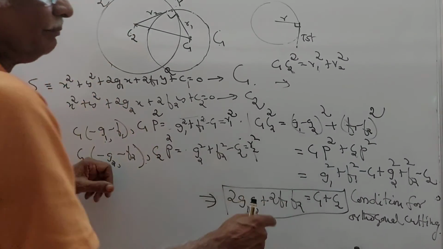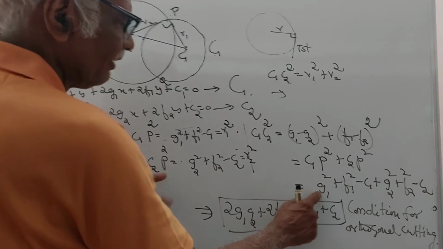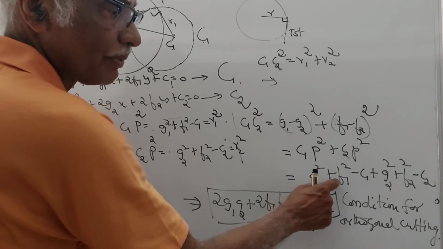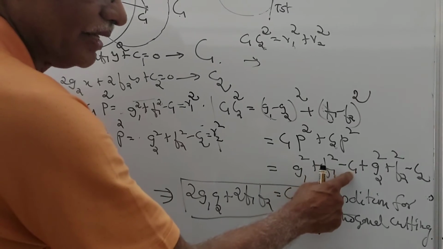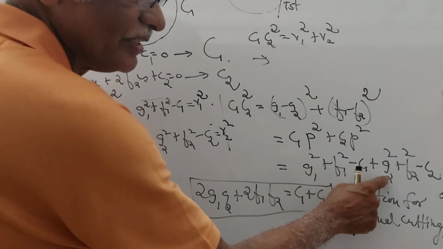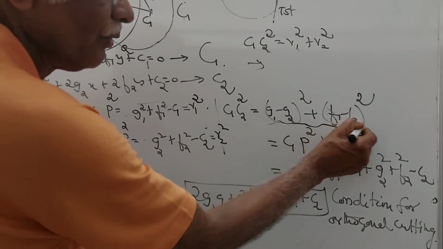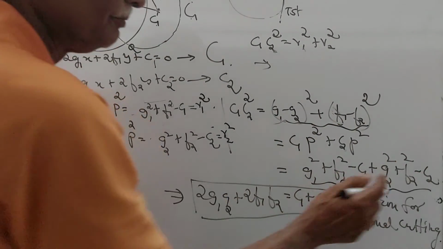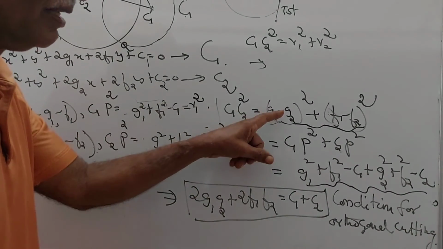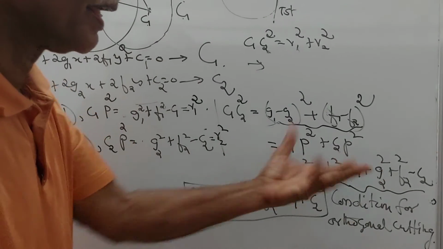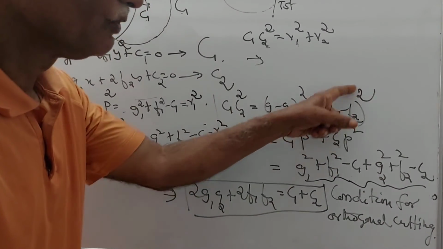Now C1P the whole square is the radius square. The radius square we have seen is the g square plus f square minus c formula. So here it is g1 square plus f1 square minus c1, plus the radius square g2 square plus f2 square minus c2. So we see this is equal to this. Now you can simplify. g1 square will cancel, g2 square will cancel, f1 square will cancel on either side, f2 square will cancel.